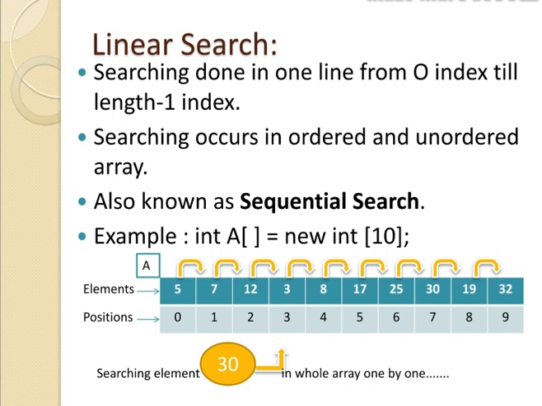Array name is A, and then see positions 0, 1, 2, 3, 4 till 9. Now what do we have to search? The searching element is 30. In the whole array, one by one we have to search element 30. That's why I had already created arrows.